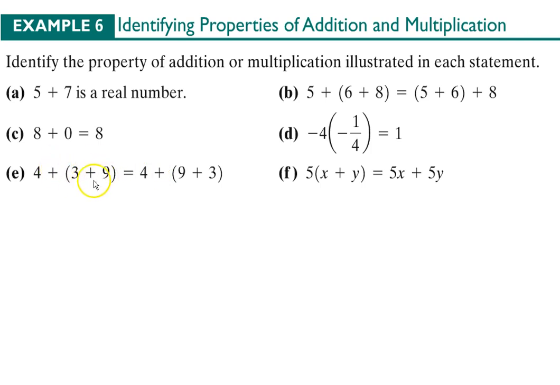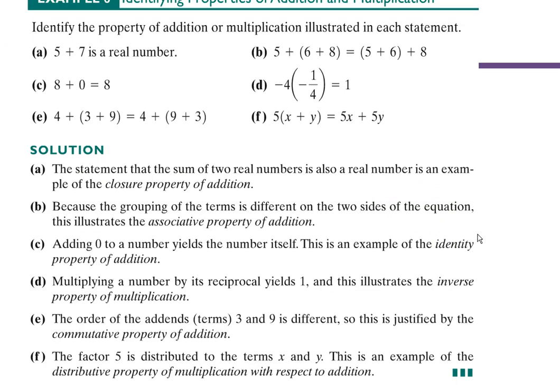We've rearranged this, so this shows the commutative property of addition. And this one is the distributive property. Okay. And there they're all laid out, and you want to be sure you are familiar with these.